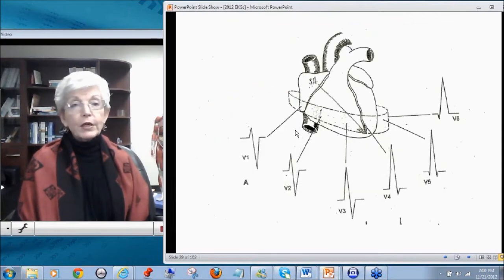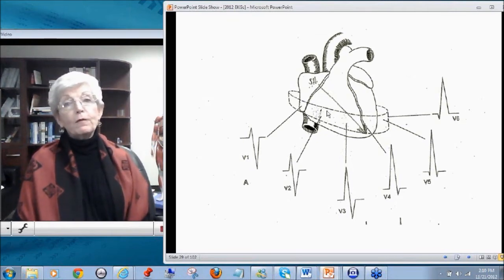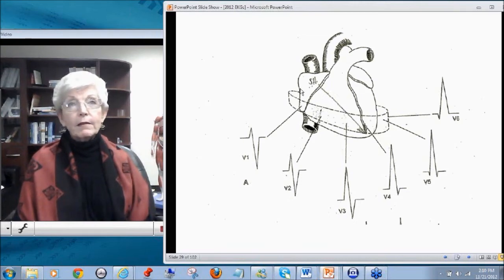And if you were to look at the flow of electricity going through the heart and the EKG patterns that you would see from this, remember that picture of the flow of electricity. The main vector begins from the right atrium towards the apex of the heart.